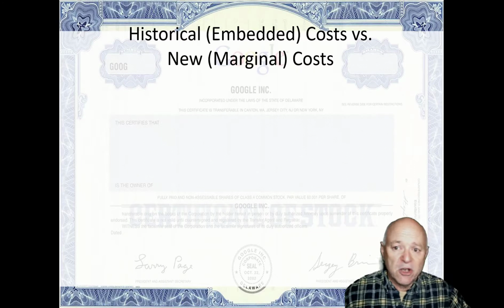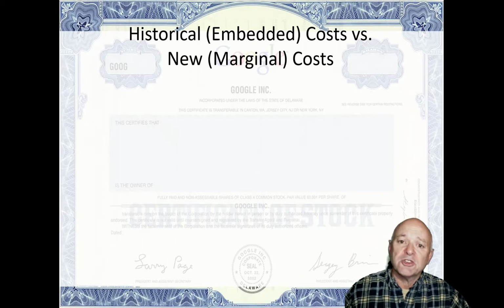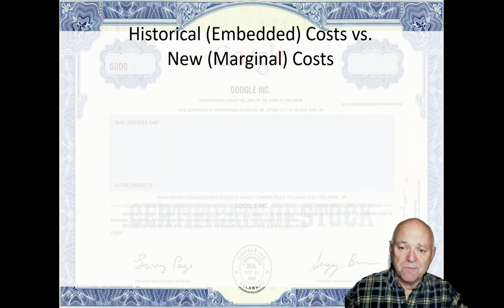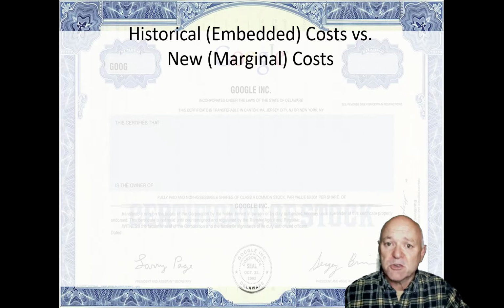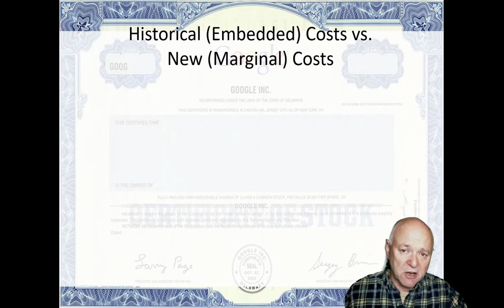We describe costs as being average, historical, embedded costs, and also marginal. In most projects we're interested in the marginal cost because we're planning for a project that's to come in the future. So we think about what is going to be the tax rate on the next dollar of income that we earn.